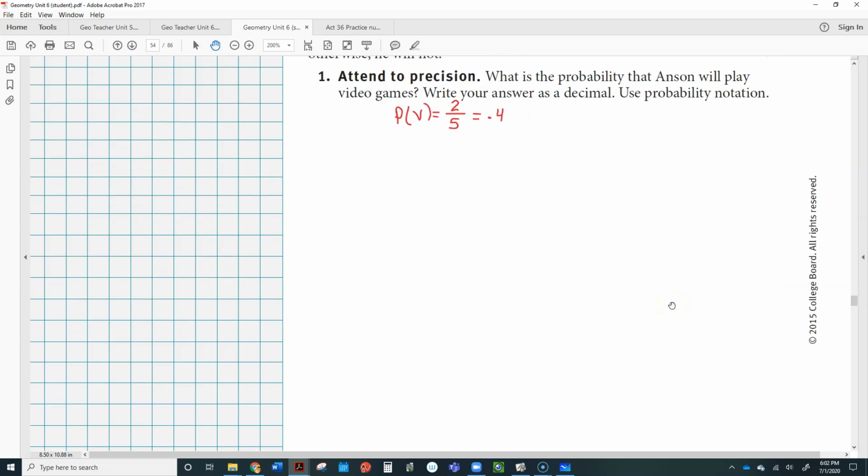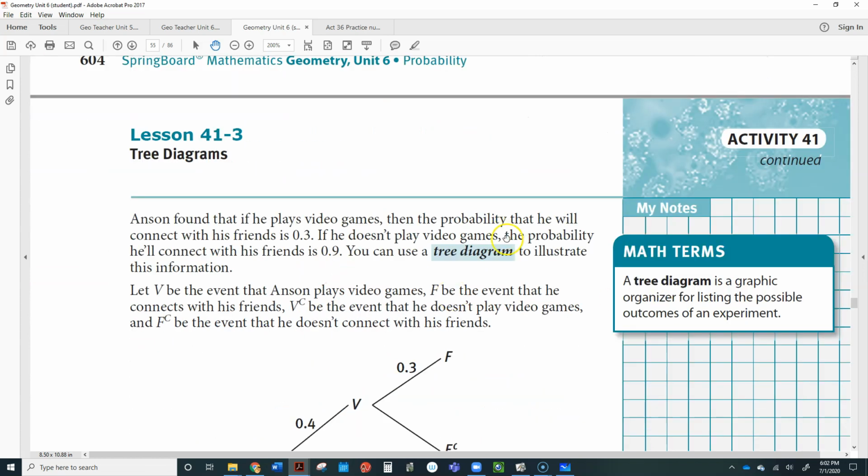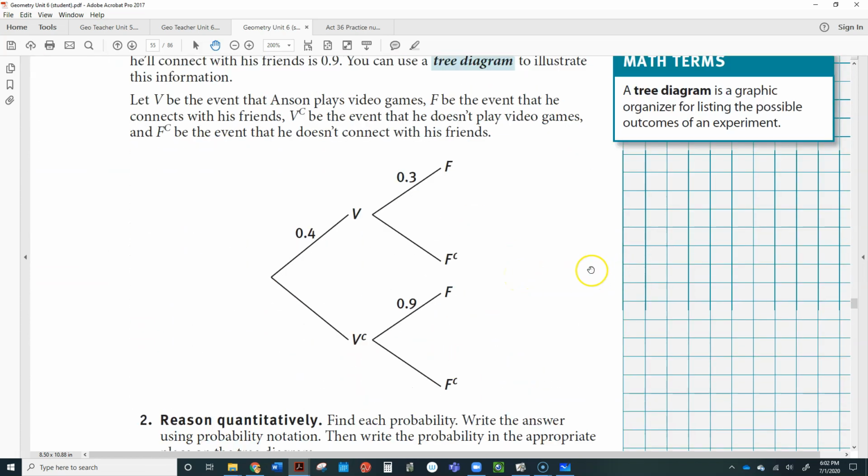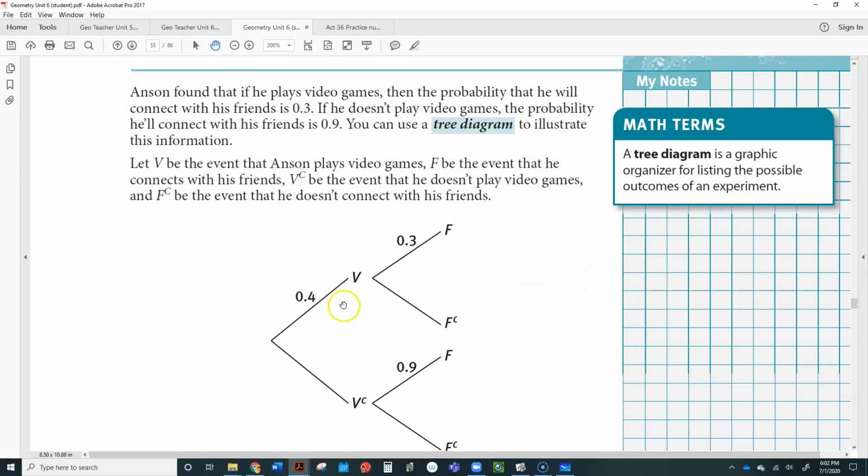Okay, so now we're going to go over here and we're going to talk about a tree diagram. The first thing that you notice right here is that they drew 2 lines. One to represent that he landed on the option where he played videos. So remember, we have that spinner over here.